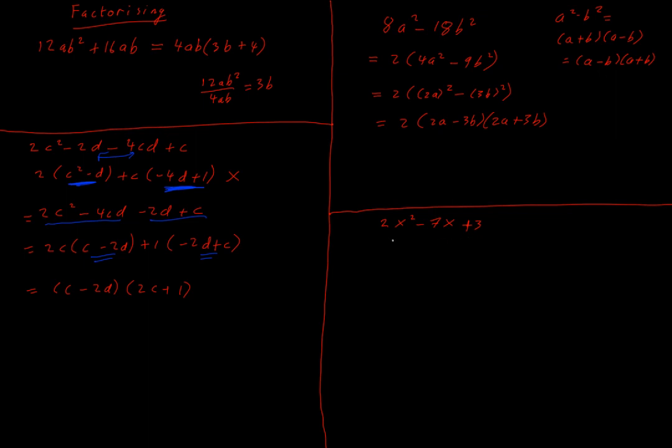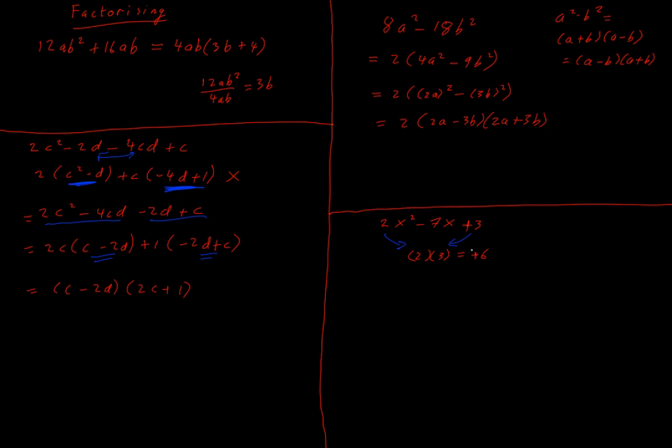So the first method we're going to look at is spotting patterns. This method is very important because it gets your eye in for spotting patterns in numbers, which is extremely important at higher level. So what we do is multiply the number in front of the x squared and multiply the constant on the end, and I find that I get plus 6 as the result.